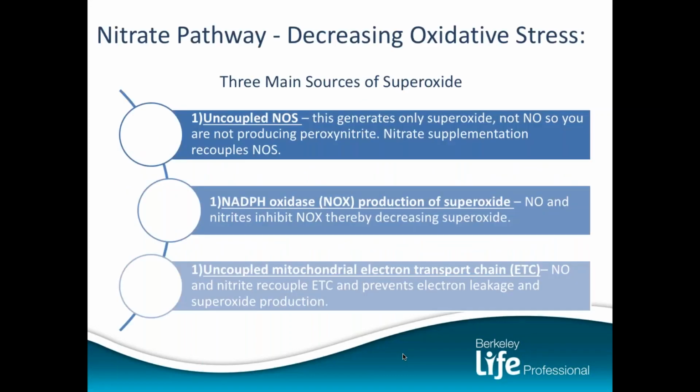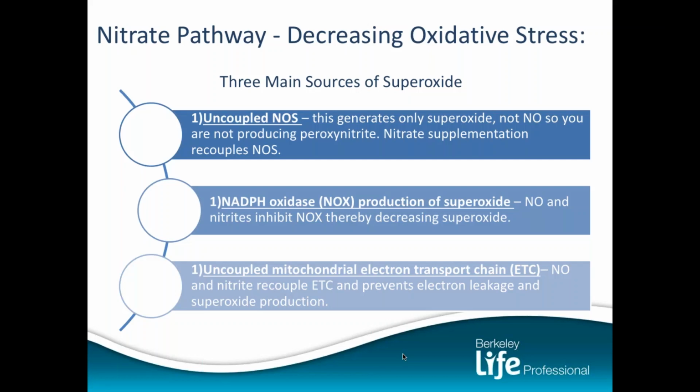So we've got three main ways our body makes superoxide. The first pathway, uncoupled dysfunctional NOS, nitric oxide synthase. So when NOS is uncoupled, it becomes an enzyme that only makes superoxide, not nitric oxide.